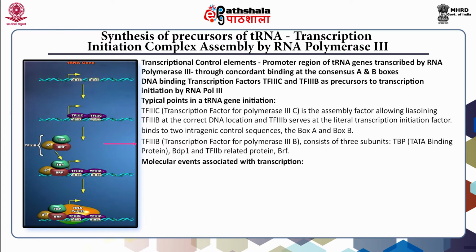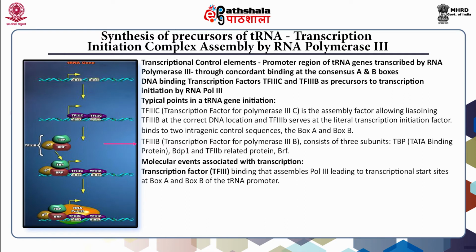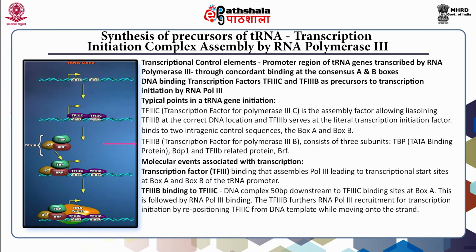The molecular events associated with the transcriptional initiation are transcription factor 3C binding at the transcriptional start sites, box A and box B of the tRNA promoter. Transcription factor 3B then binds to the transcription factor 3C DNA complex 50 base pairs upstream from the transcription factor 3C binding site at box A, followed by RNA polymerase III binding.